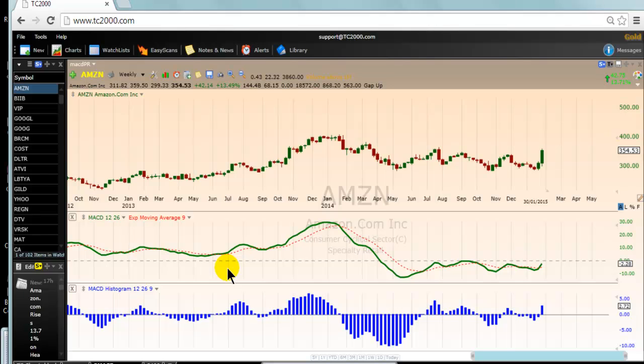So for instance, if the price is going up, if we have an uptrend, we can use the slow stochastic or the RSI to time the market on the pullback. But these oscillators, the relative strength index and the slow stochastic, are more efficient when we have what we call a balanced market pattern.